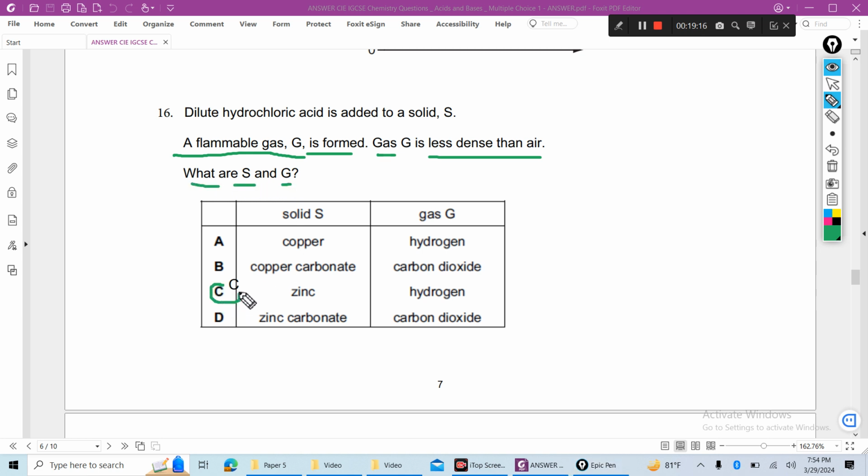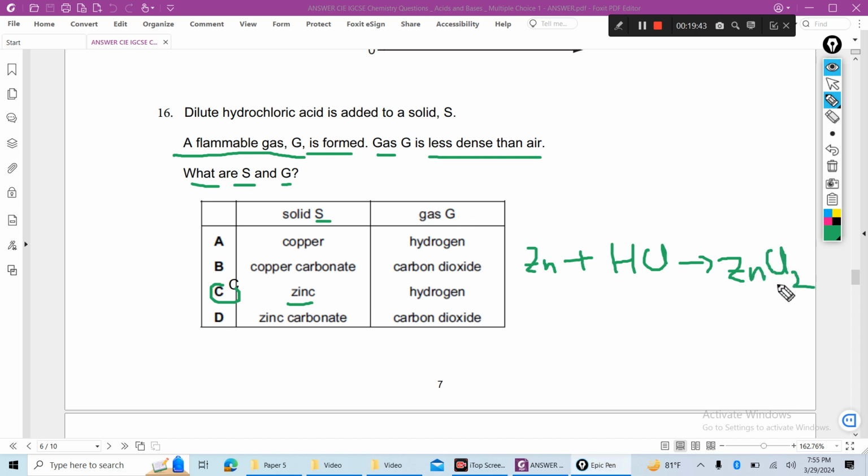Answer is C. S is zinc metal. If you add hydrochloric acid, zinc chloride plus hydrogen gas will be produced.